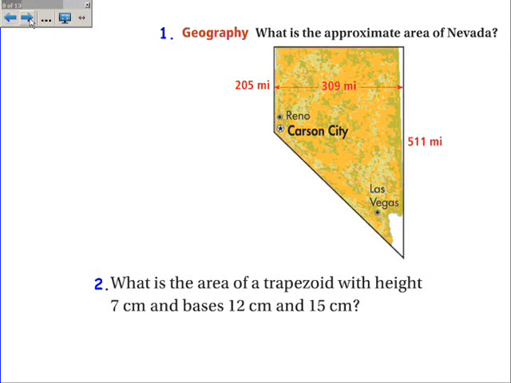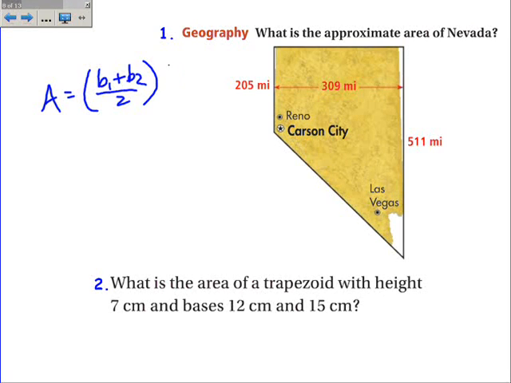Okay, so one example, the approximate area of Nevada. Okay, again, the area is the average of the bases times the height. Okay, the bases are the two parallel sides, so it's 205 plus 511 over 2 times the height of 309.